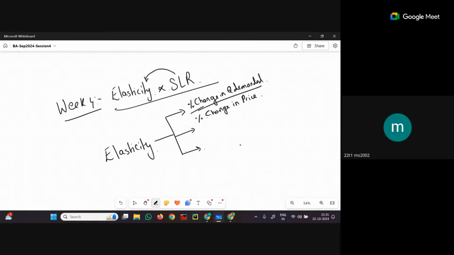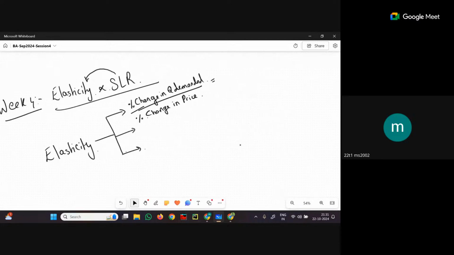This is elasticity, but this is one type of elasticity. What type of elasticity is this? This is price elasticity because price is in the denominator. Good. Then what are the other two types of elasticity that are left?